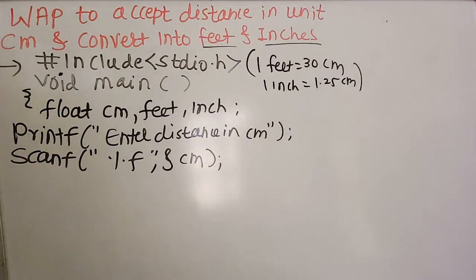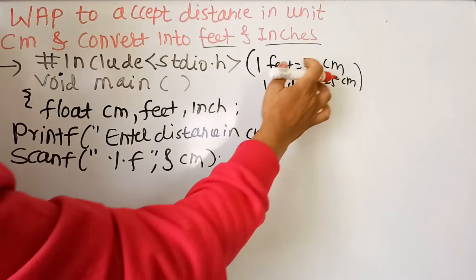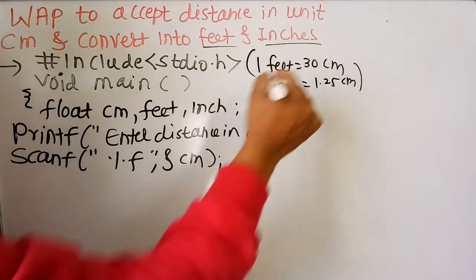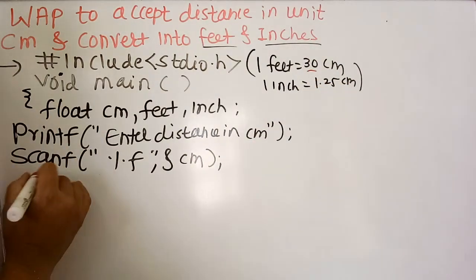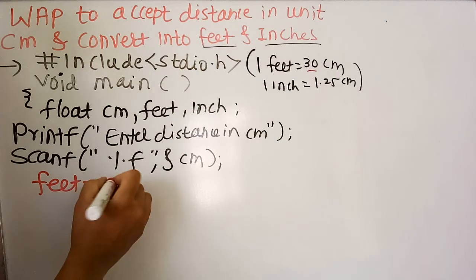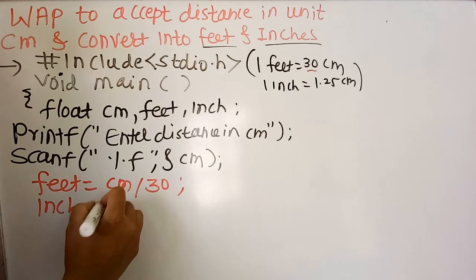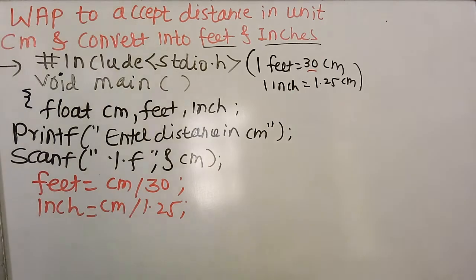So to convert centimeters to feet, we will directly divide the centimeter by 30. So what will be the answer? That is feet equals centimeter divided by 30, and like that inch equals centimeter divided by 1.25. So this is the actual logic behind calculating the feet and inches.